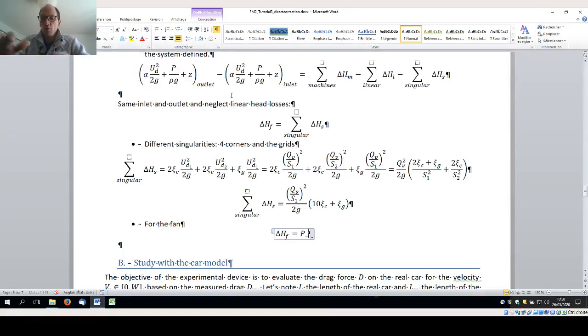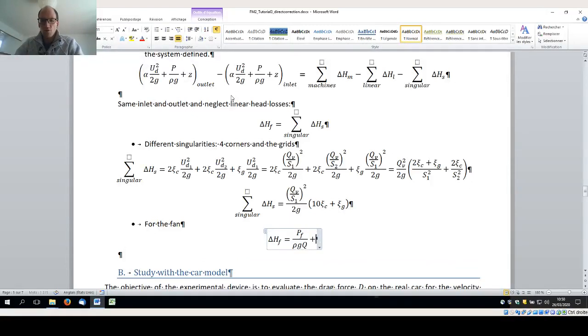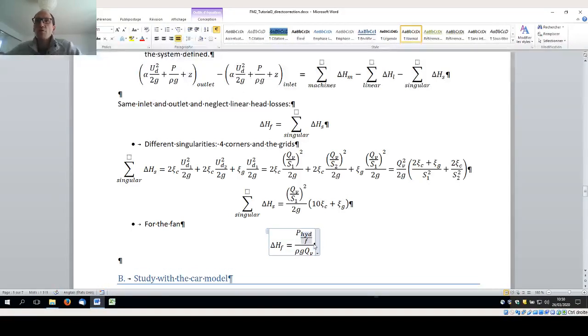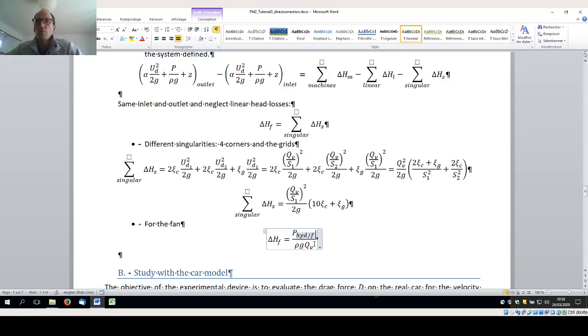So the power of the fan divided by rho g QV. So here this is the hydraulic power of the fan, right?